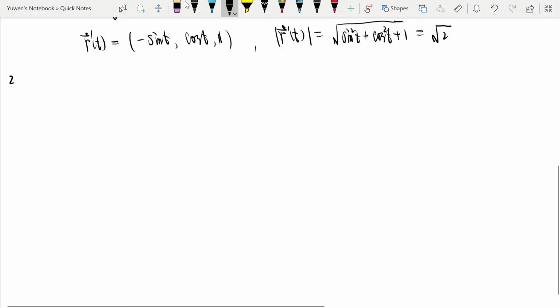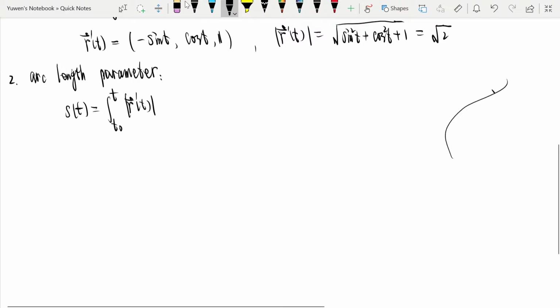The second topic is the arc length parameter. If t is a variable, for any t, we find the length from t0 to t.